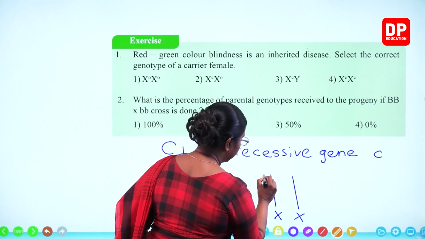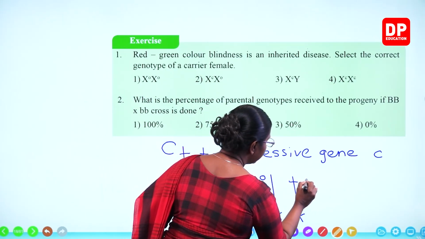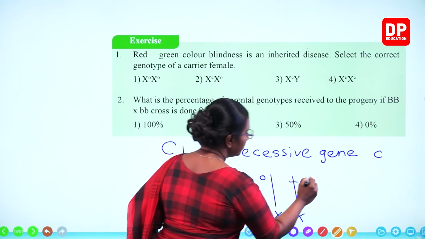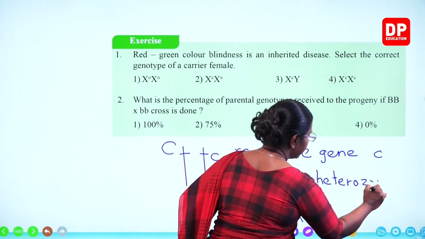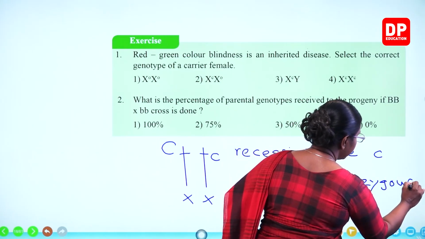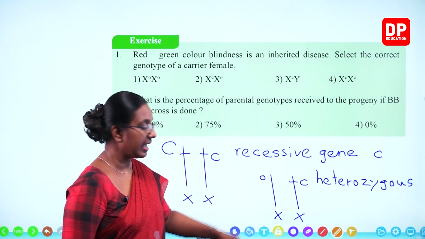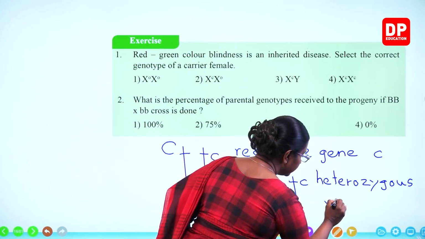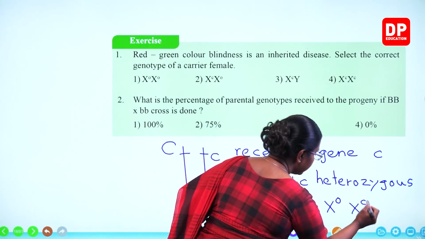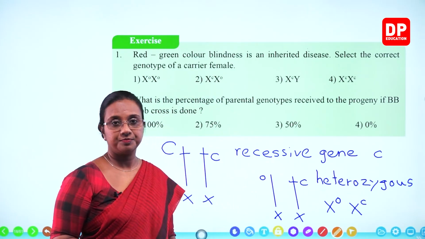If we had 0 and simple c, this is also a heterozygous condition, so this can be considered as the carrier. So X0 Xc can be a carrier.